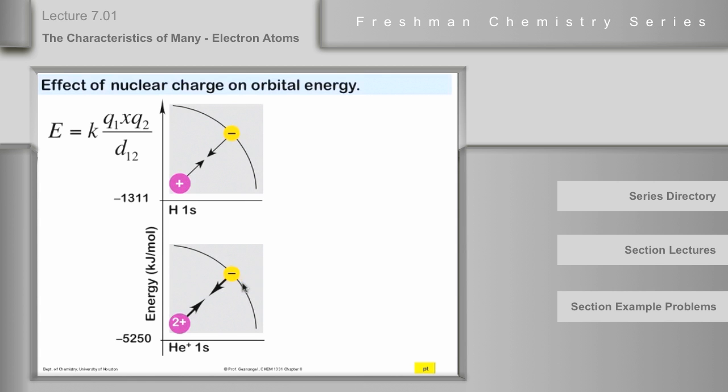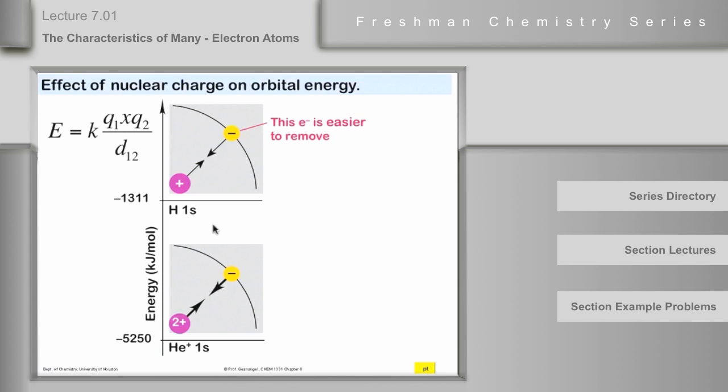We're going to just make the assumption that D doesn't change very much here. And you can see what happens. Here, take a look at this, minus 1,300 kilojoules per mole compared to minus 5,000. That's a factor of 4. Double the charge in the nucleus, you're going to see a bigger effect, a large effect on the energy.